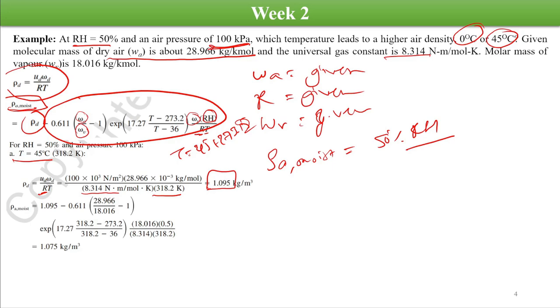It's a little big formula, so we'll put the values in one by one. The dry density which we obtained is 1.095, so in place of dry density we'll put 1.095.